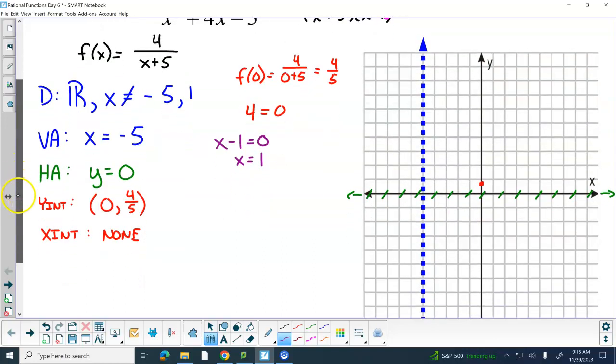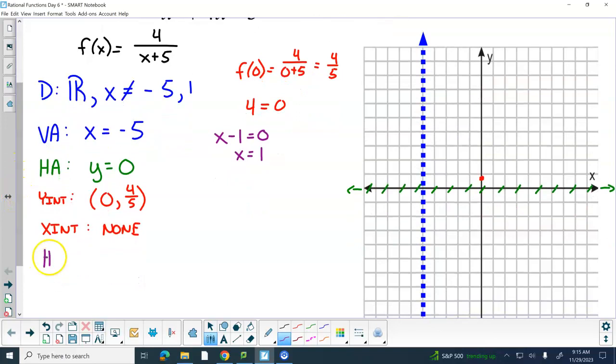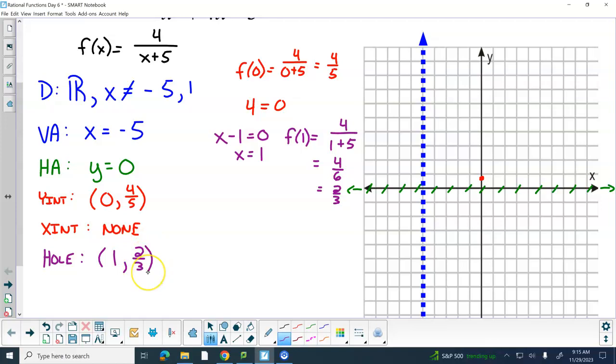And then that's my x. So my hole is going to be at 1 comma something, right? So now I find my new f of 1. So it'd be at 1 comma 2/3.